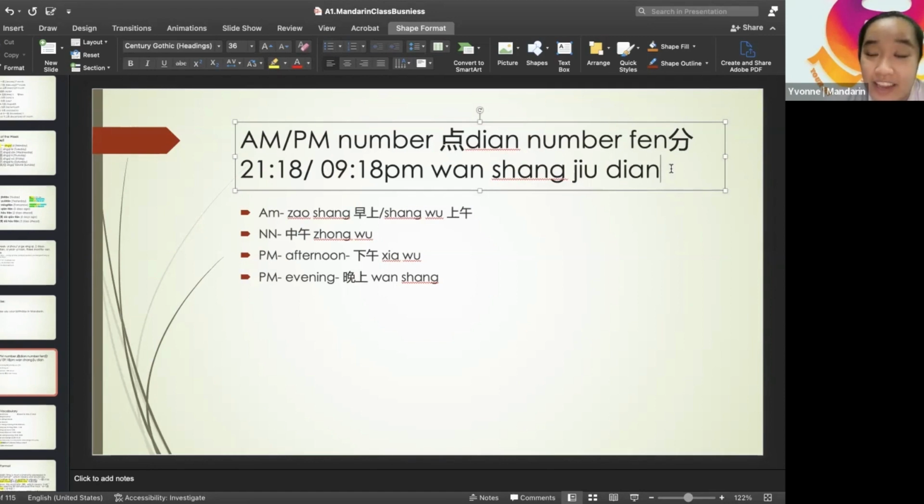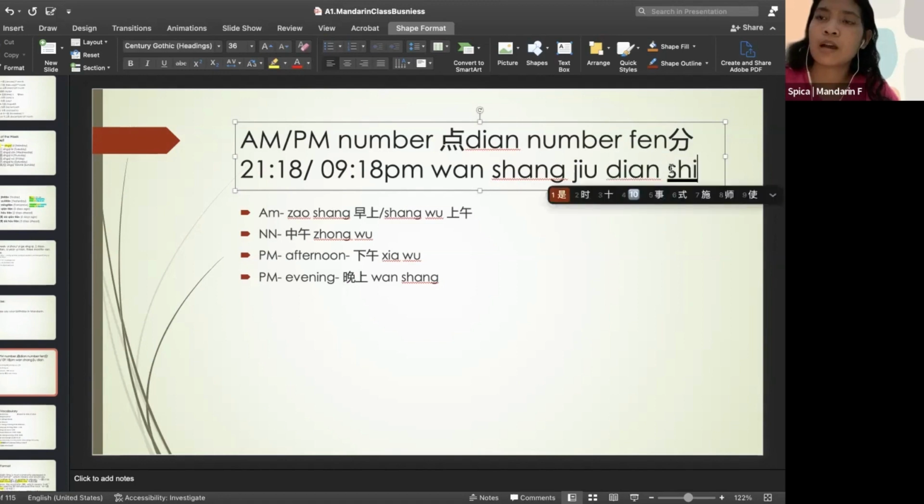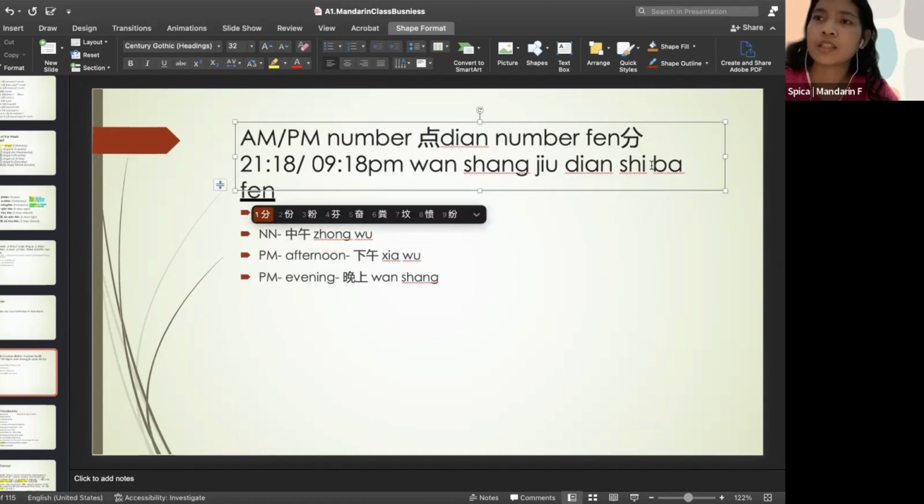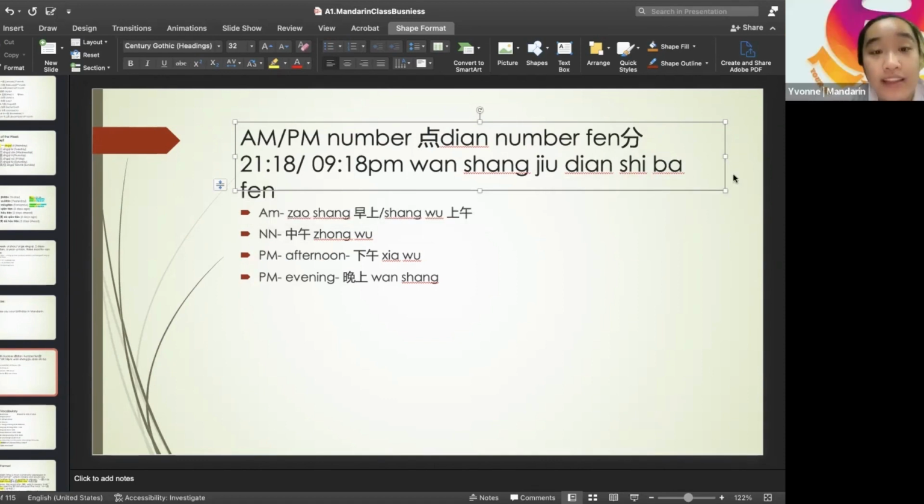So how to say it? 十八. Lastly, what is the word for minute? 分. Very good. So the time, we say 9:18 p.m. would be 晚上9点18分. Okay? 晚上9点18分.